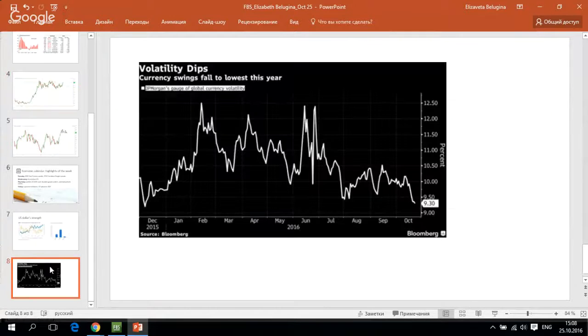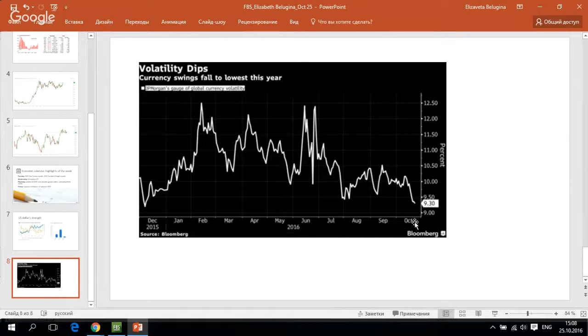According to Bloomberg, the volatility index has fallen to the lowest levels since the beginning of this year, actually since December 2015. This is the index calculated by JP Morgan Chase.